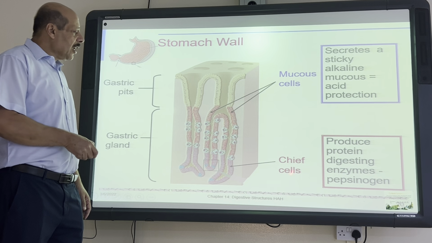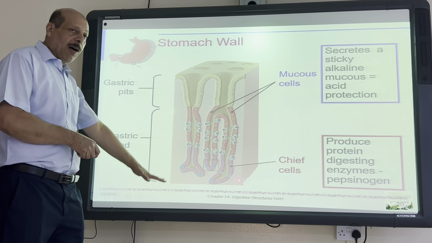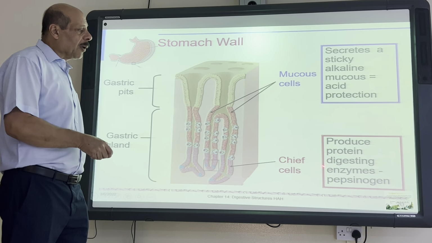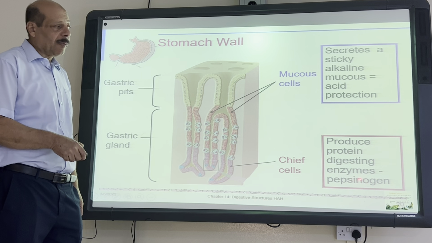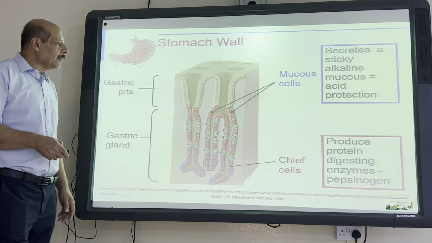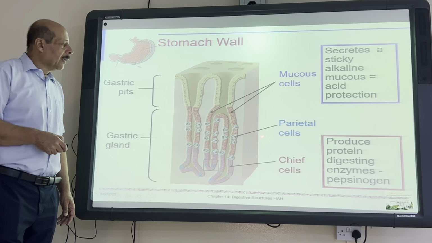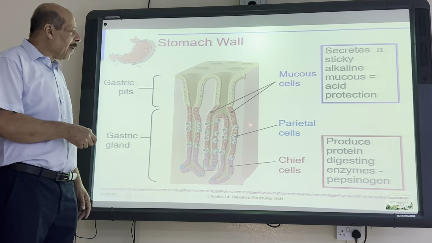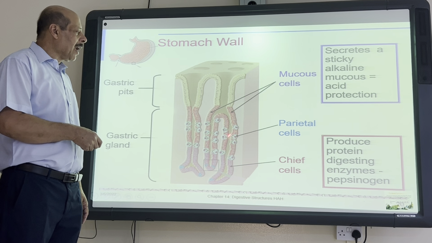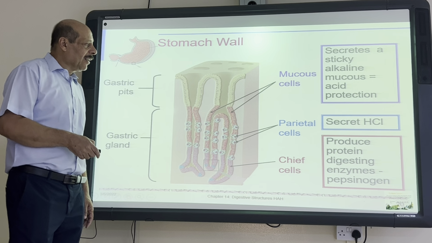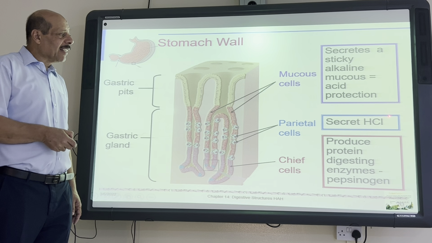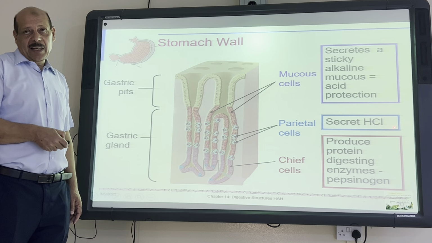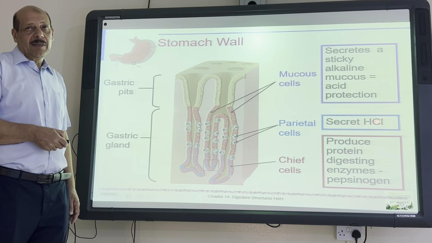The chief cells, which are deeper down, will produce the digestive enzyme, the pepsinogen. Those are the parietal cells. We call them the parietal cells. The parietal cell will secrete the HCl, hydrochloric acid.